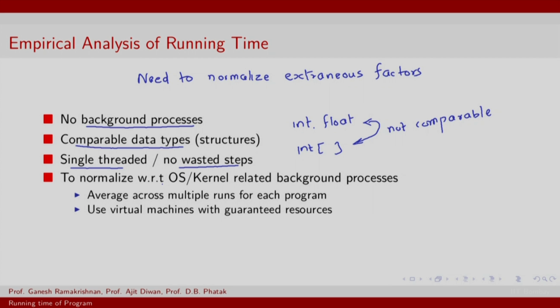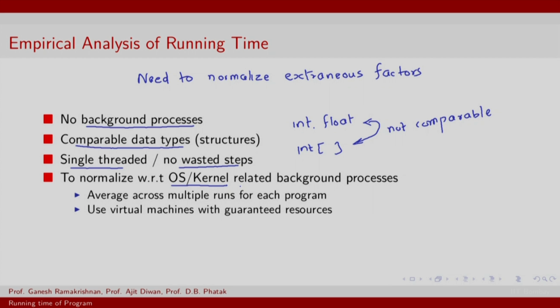Finally, you might want to compare implementations of different algorithms. So certainly you want to ensure that these algorithms are implemented as programs that are in comparable languages, and these programs are run on operating systems that are comparable.